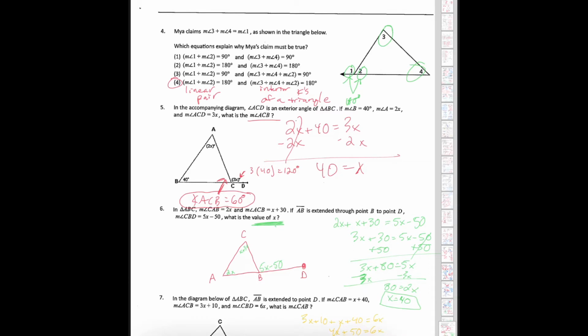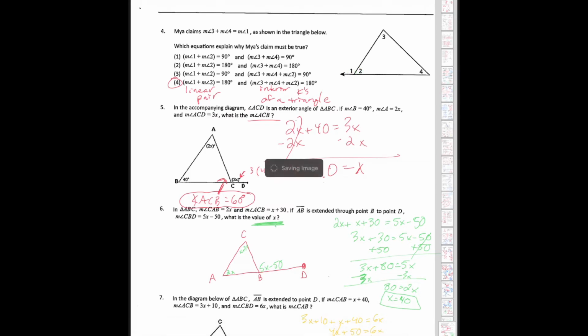That's only 2 of them. And then choice 1, we already discussed that angle 1 plus angle 2 is 180. And then angle 3 plus angle 4 doesn't necessarily equal 90 just because they're angles on the inside of a triangle. We don't know enough information to say that. So our only choice that works is choice 4.